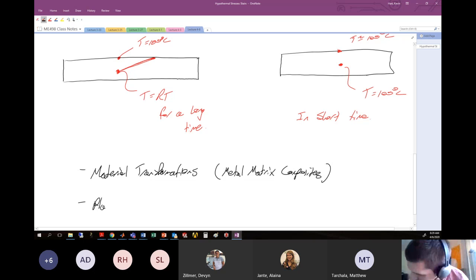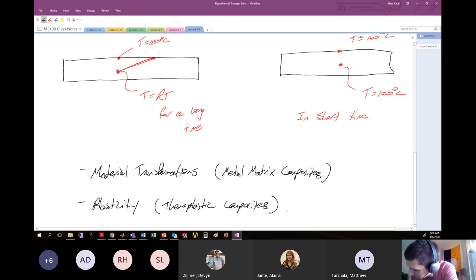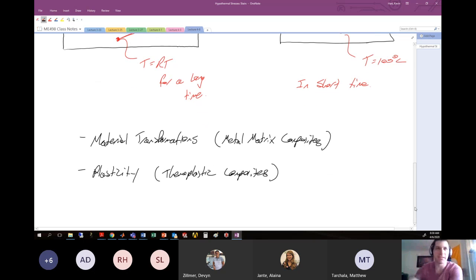Plasticity can be a factor. This is particularly an issue for thermoplastic matrix materials. All right, and that's because plasticity is more rampant with thermoplastics than it is with epoxy, let's say, which is the thermoset material, and is much more brittle.